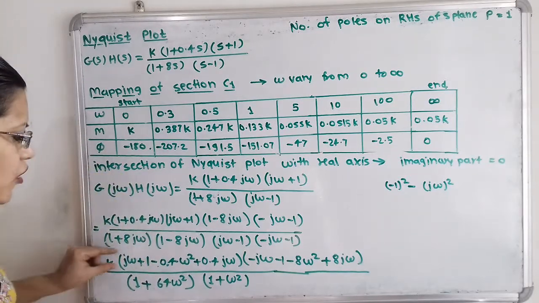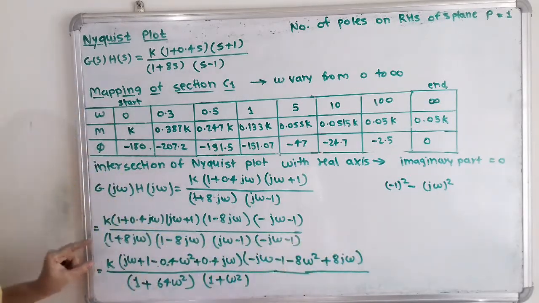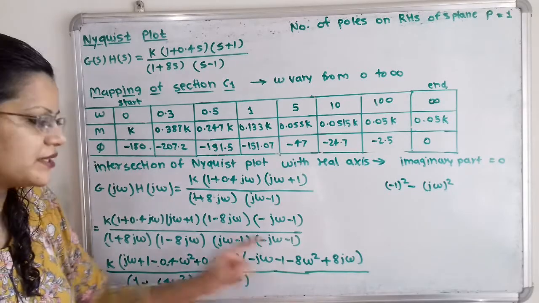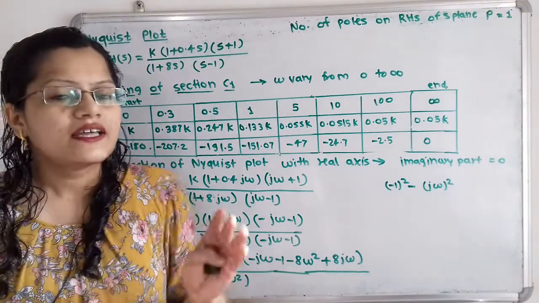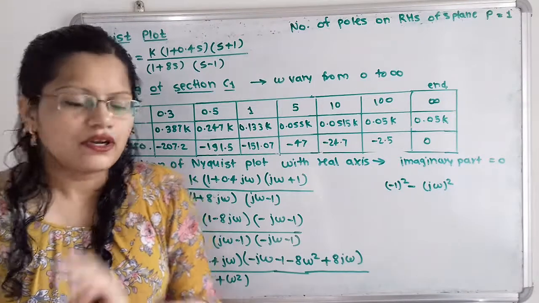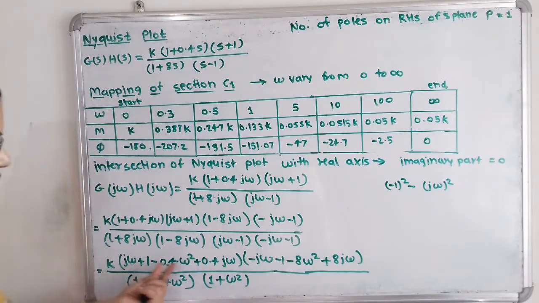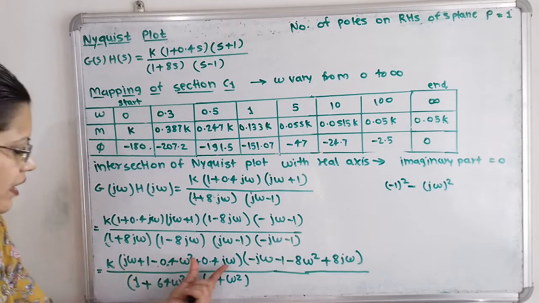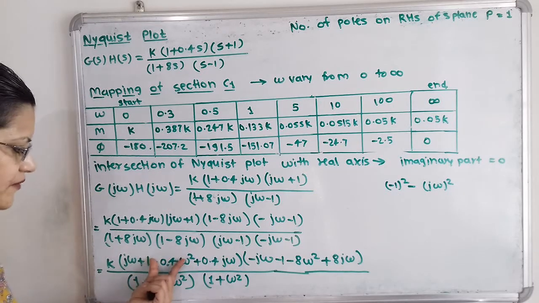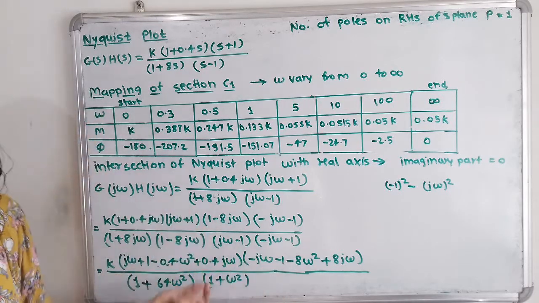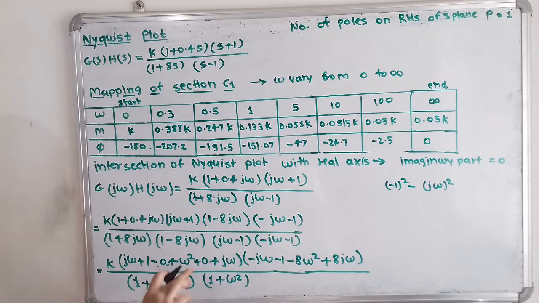If we concentrate on the numerator, there are imaginary parts, so we have to separate the real part and imaginary part. How to separate? First we will simplify these two brackets and then we will multiply these two brackets with each other.